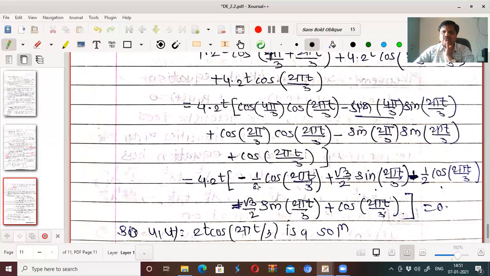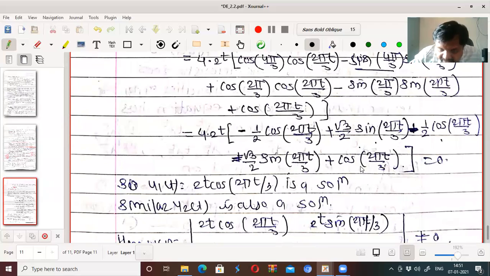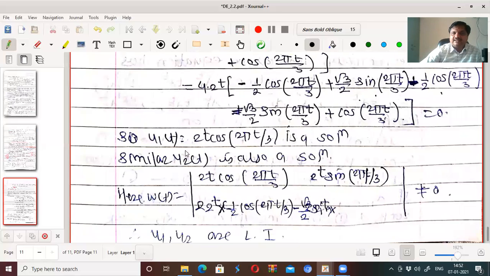Minus 1 by 2 into cos 2 pi t by 3, minus 1 by 2 into cos 2 pi t by 3 is only minus cos 2 pi t by 3, and here it is plus cos 2 pi t by 3, which gets cancelled. So in all this is 0. So u1(t) satisfies the given equation.